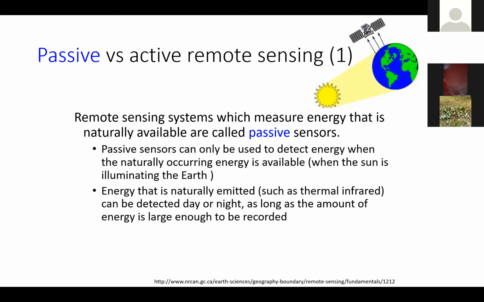Those sensors can only be used to detect energy when natural energy is available, in other words, when the sun is illuminating the Earth. Energy that is naturally emitted can be detected day or night, as long as the amount of energy is large enough to be detected.